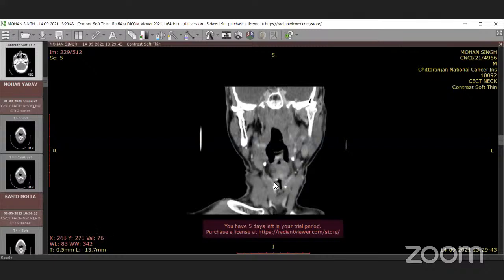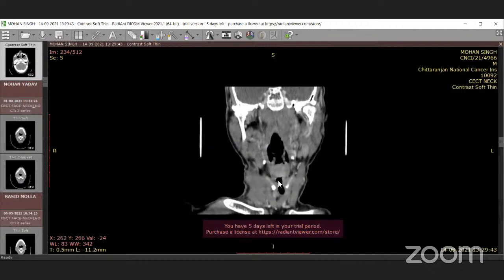So anything above the superior margin of the thyroarytenoid muscle is the supraglottis, and we define the extent of the glottis by an imaginary line through this, which is roughly 1 centimeter below. So 1 centimeter below, we draw another line, and along this line, this is the extent of the glottis radiologically.